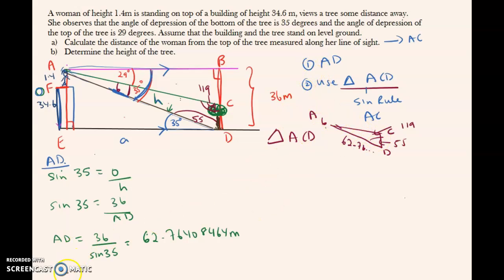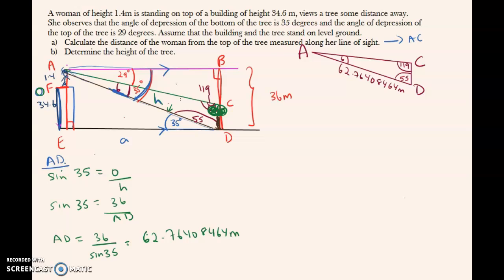If here's big A, then here will be small a. Here's big C, then here's small c. Here will be small d. So now I need to figure out what I need to get. I need this distance here, which is the green distance, AC. So I need to find small d.